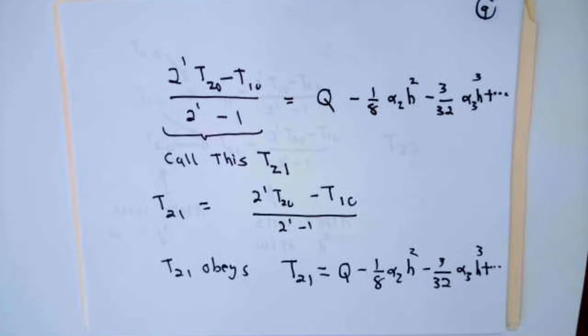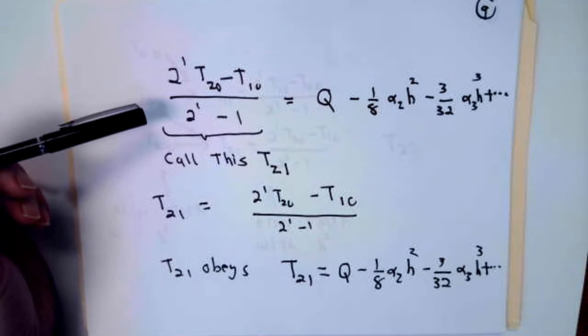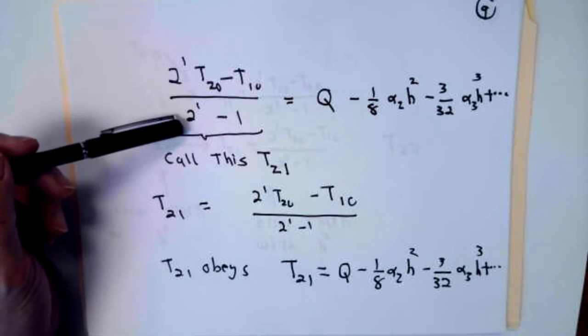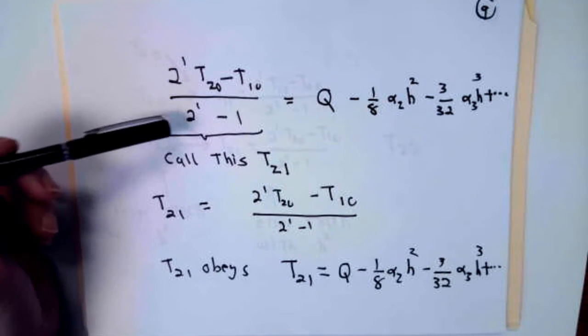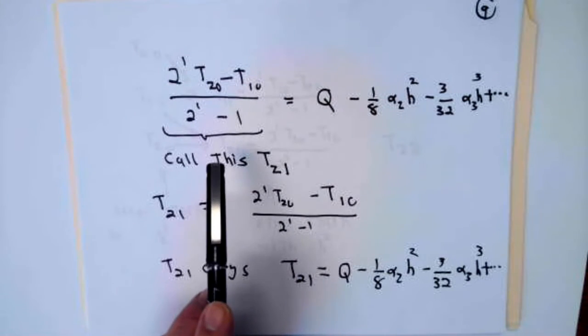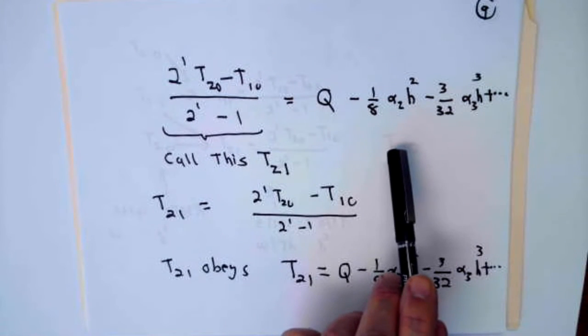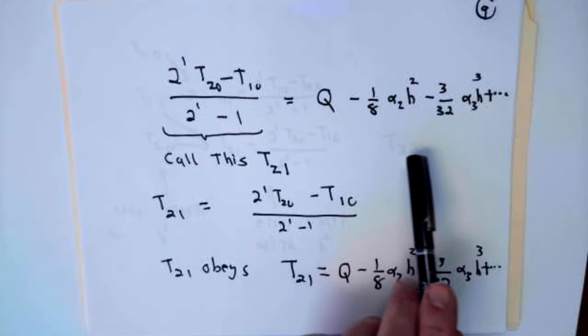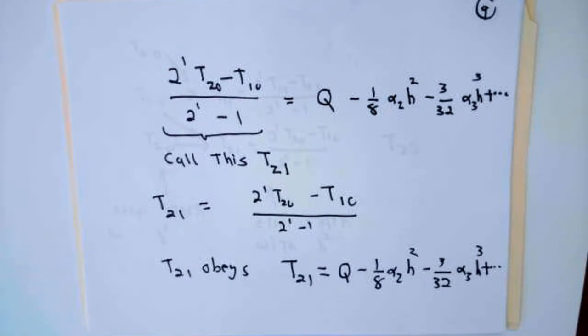Having done this once already, we know what we're going to do. We're going to write it in that same odd way. The bottom of the fraction is just 1. This quantity is q minus 1/8 alpha 2h squared minus 3/32 alpha 3h cubed plus higher order terms.